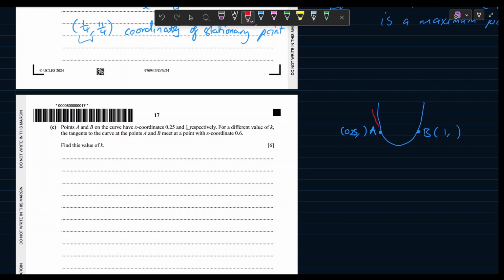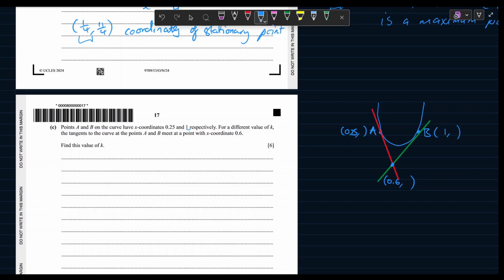So we've got a tangent at A, and then we've also got a tangent at B. All right. And we're told that at the point where these tangents intersect, where they meet, the x coordinate here is going to be 0.6. We don't really know what the other value is.